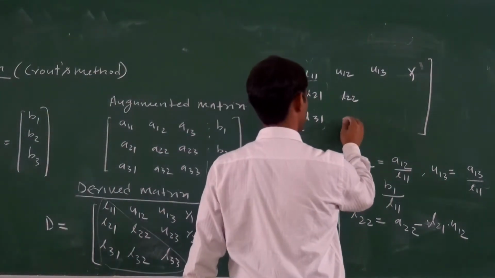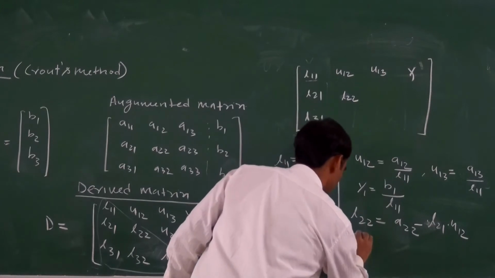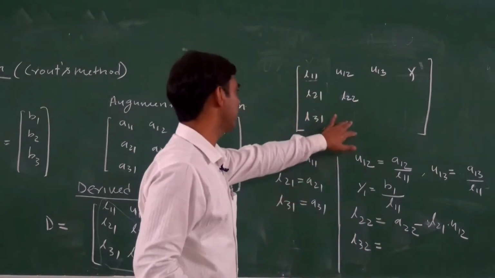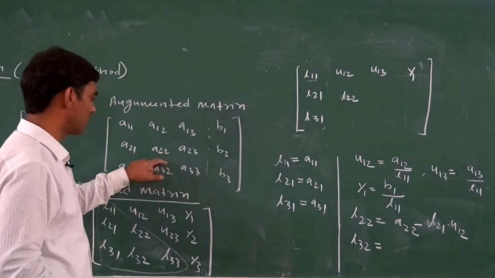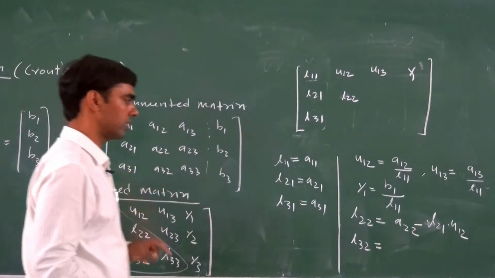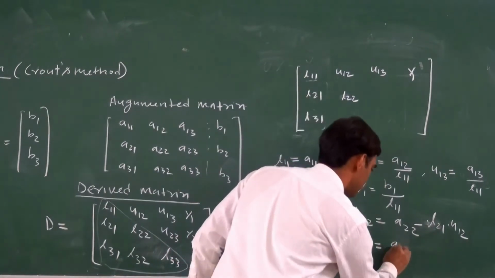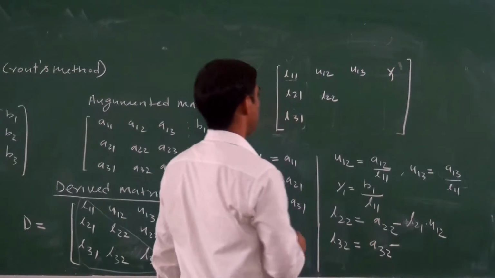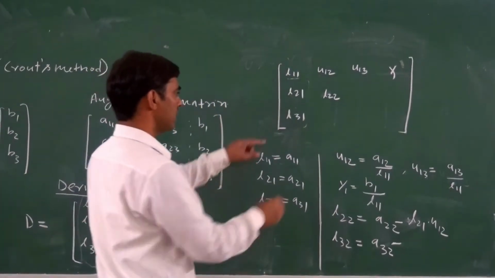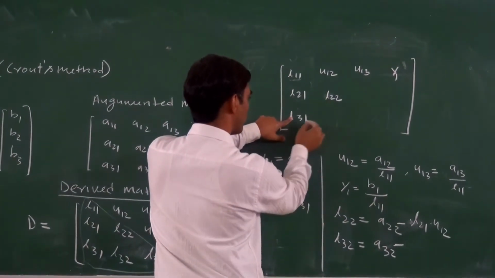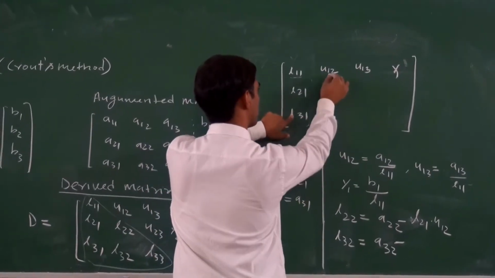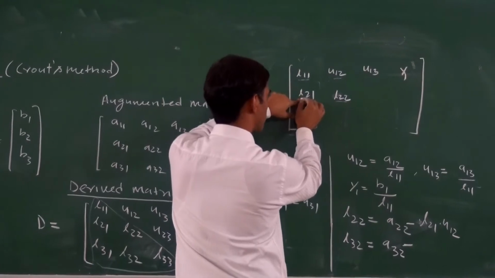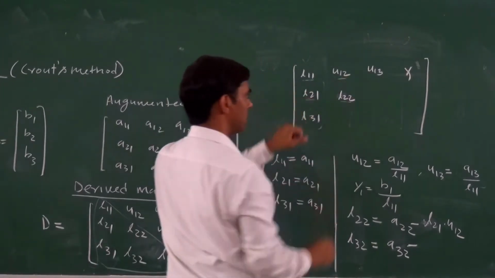Now, how do we find the value for L32? L32 equals the corresponding value in the augmented matrix, A32, minus the inner product. What is the inner product? The corresponding element in a row and the corresponding element in a column.